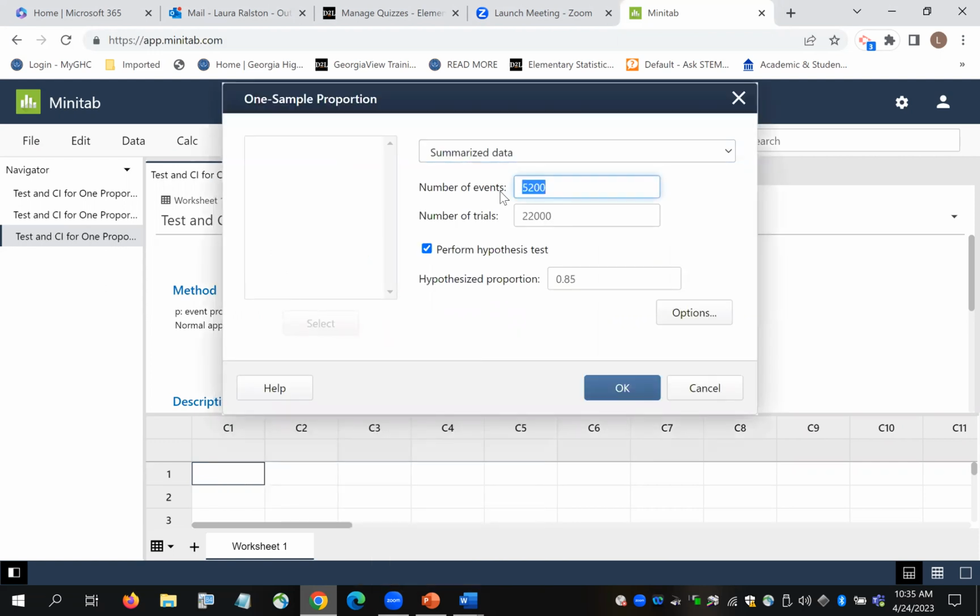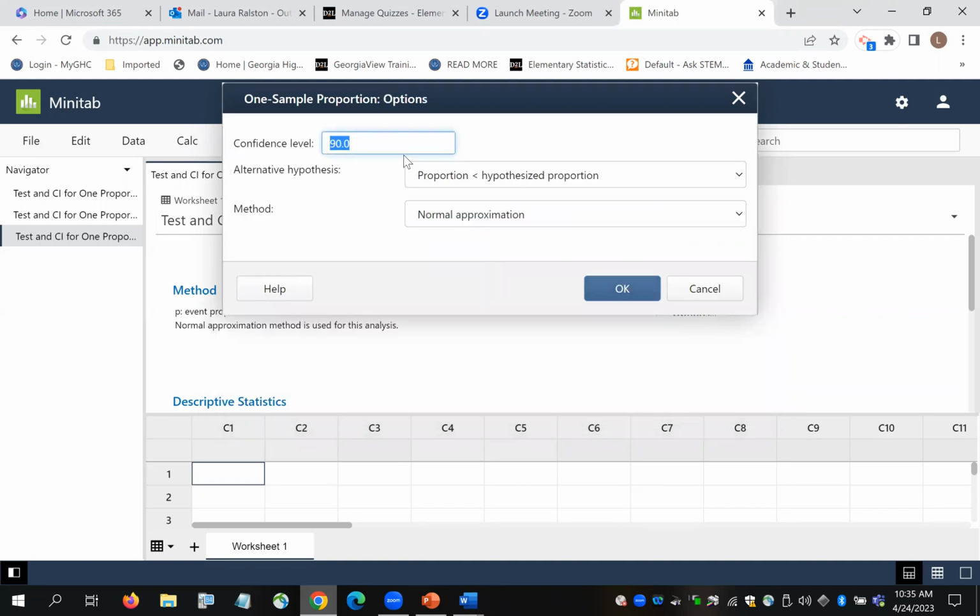The number of events this time, there were 39 who wanted to go to the zoo out of the 50 who were surveyed. My hypothesized proportion in this case does happen to still be 85%. My confidence level is 99%.